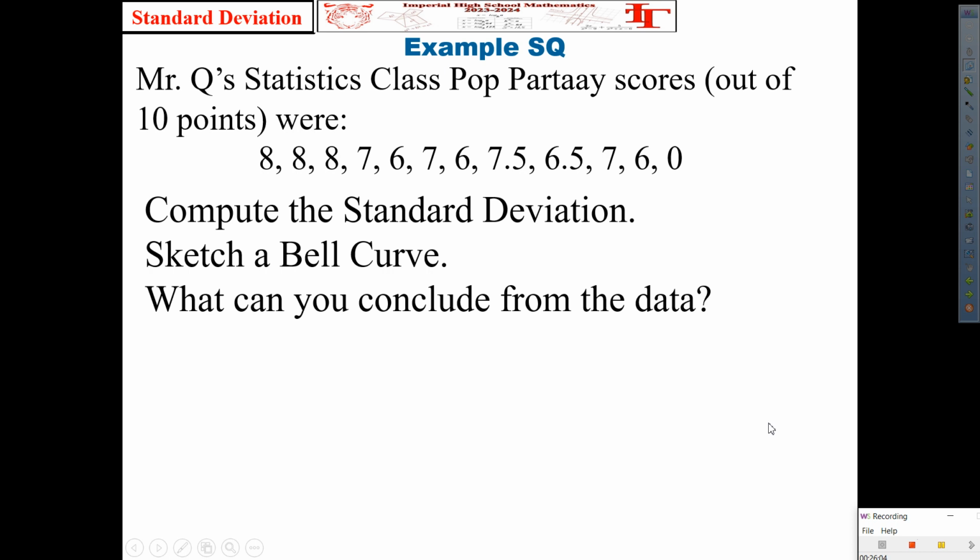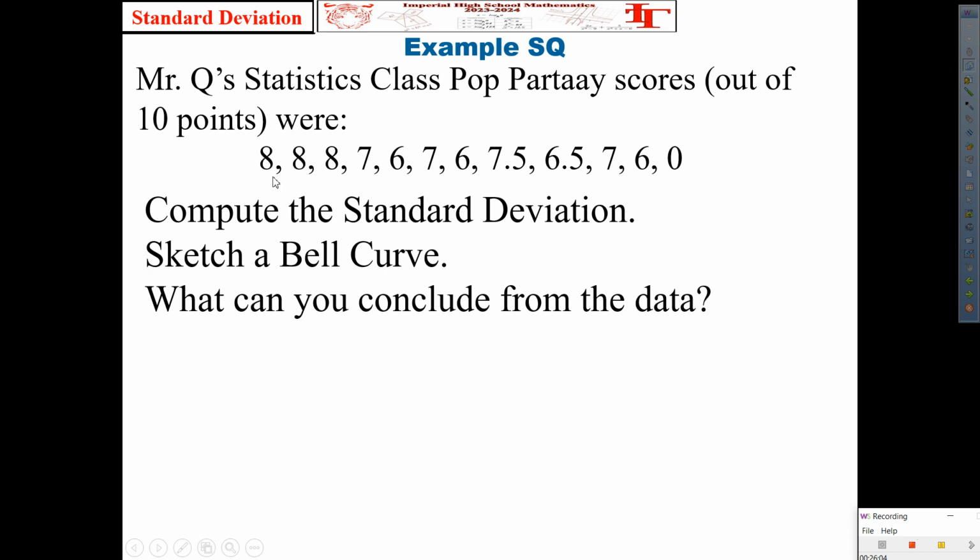So here goes the context. Does everybody know what context is? Yeah, the focus of the whole thing. It says Mr. Q statistics class pop quiz scores. So these are actual scores of a group quiz that I gave to my statistics class.